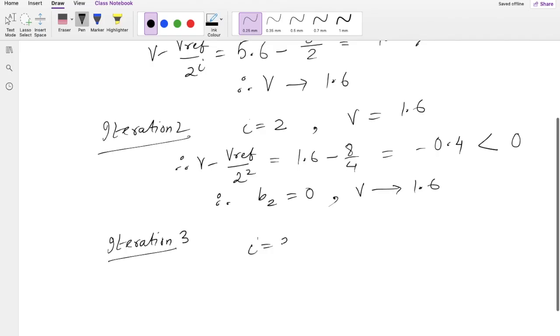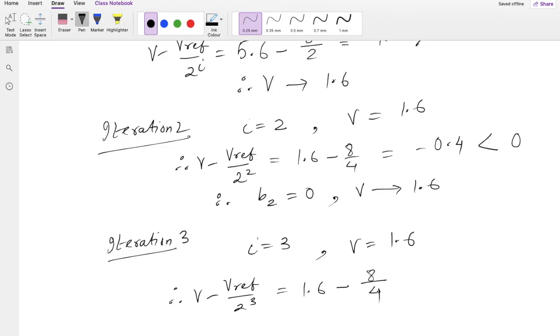In iteration number 3, now I is equal to 3, and V is the same 1.6 volt. Therefore V minus Vref by 2 power 3 will be equal to 1.6 minus 8 by 8.